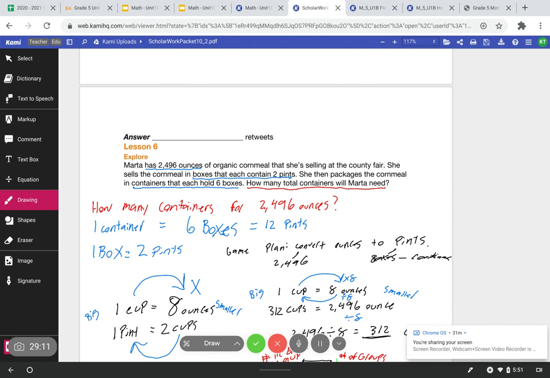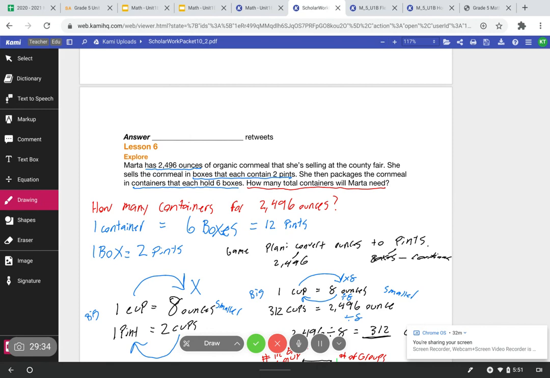Well, okay, so let's figure this out. One container makes up 6 boxes. That's fine. Okay, so each box has 2 pints. So let me draw the line here.